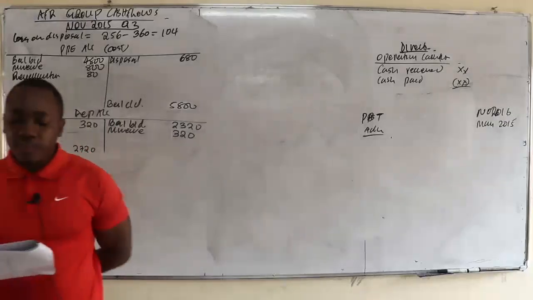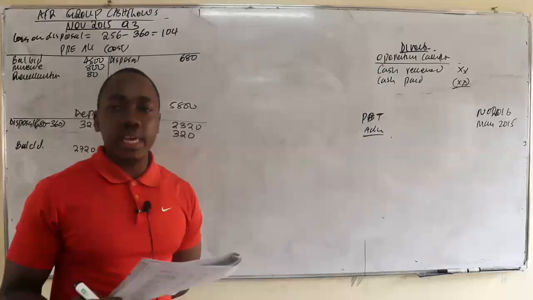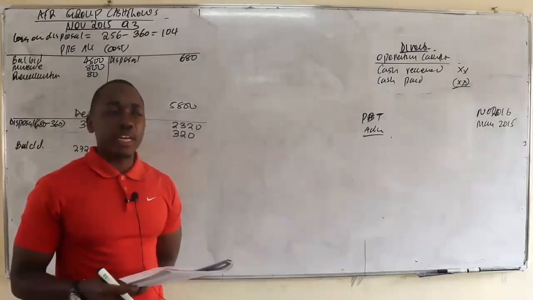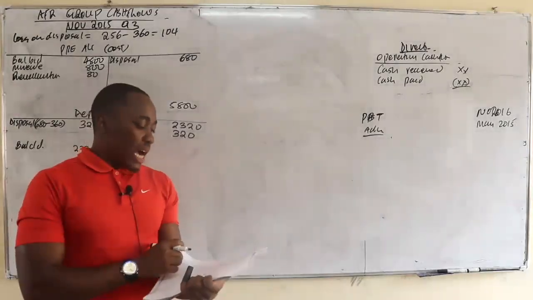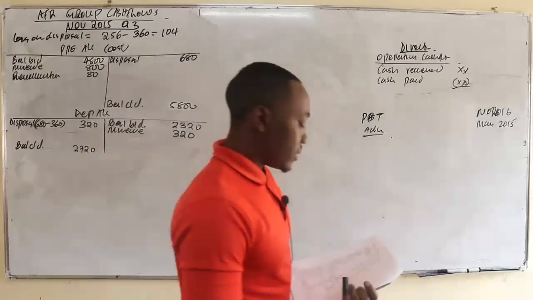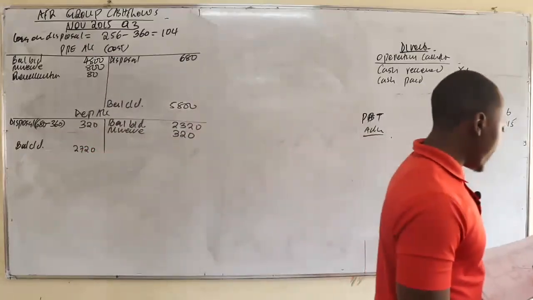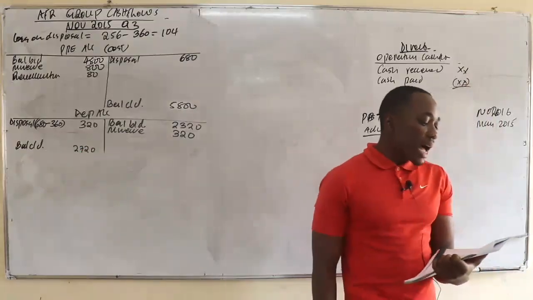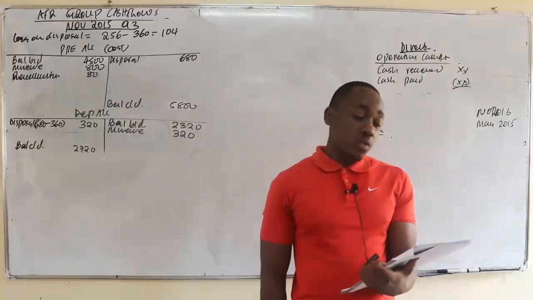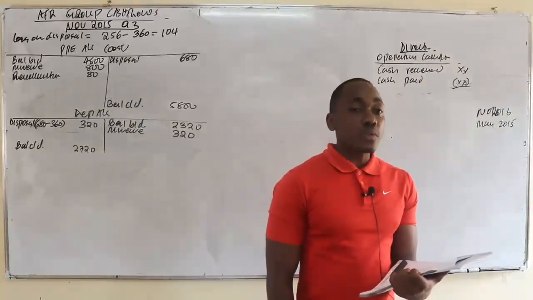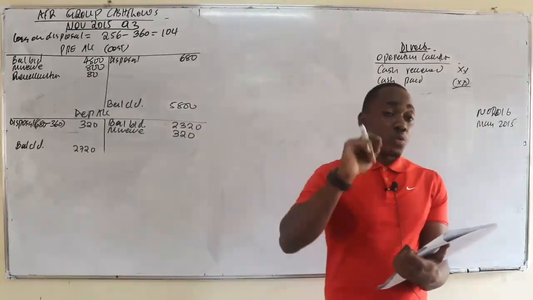Number 4. The other investment was sold for 240 during the year. Other investment. Let's go to the non-current assets. Under the non-current assets, we have investment, the investment you have in associate company, and we have other investment. How much was the opening balance? 200. How much was the closing balance? Because we disposed, that means the net book value was 200.